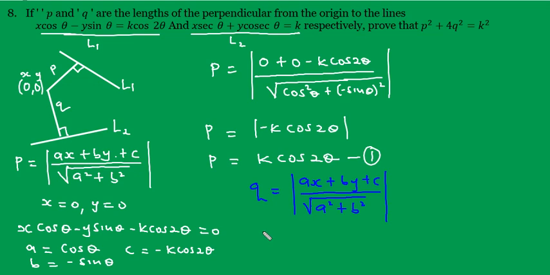Now what is our a in this case? Our a is the coefficient of x, which is sec theta, and our b is the coefficient of y, which is cosec theta.